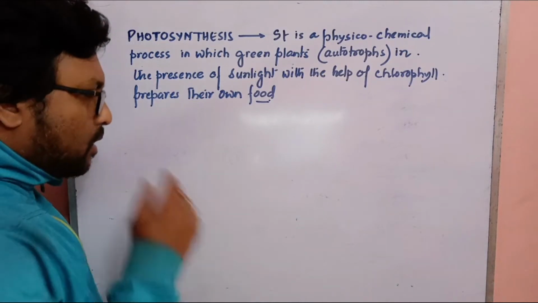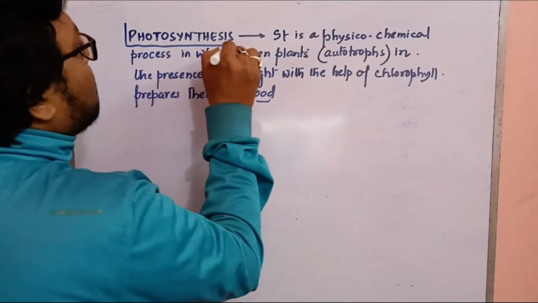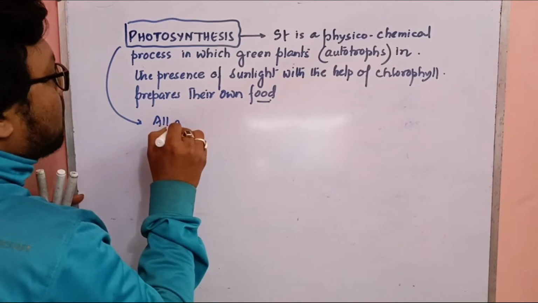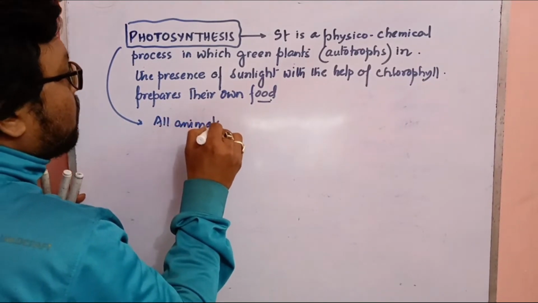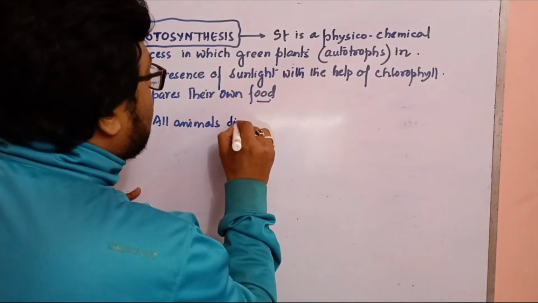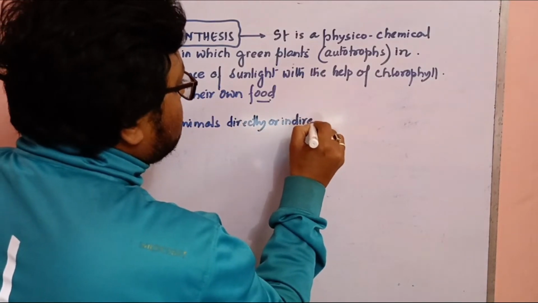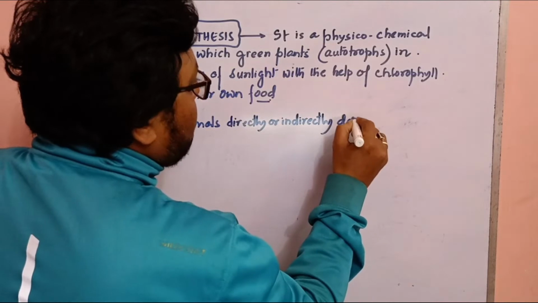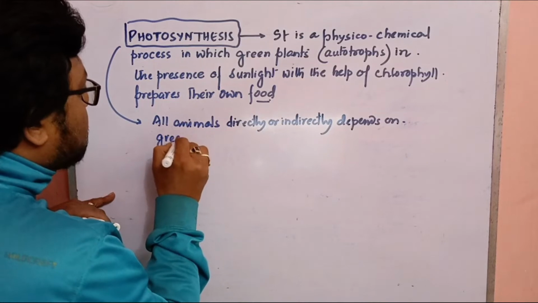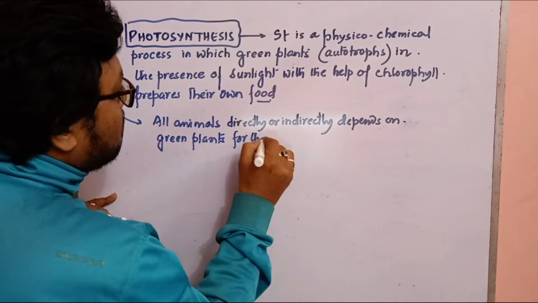Now we can say that all animals, or even all organisms, directly or indirectly depend on green plants for their food.